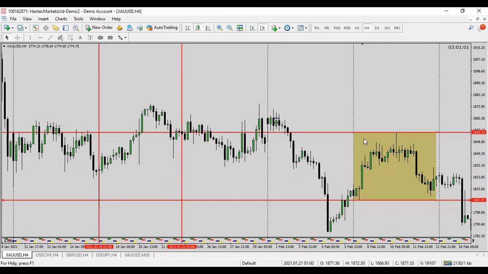What happened that week? What was the range that week? Okay, this was the lowest it traded that week, all the way here, and it was the highest it went, all the way here.